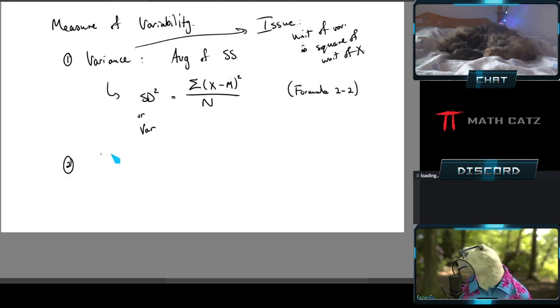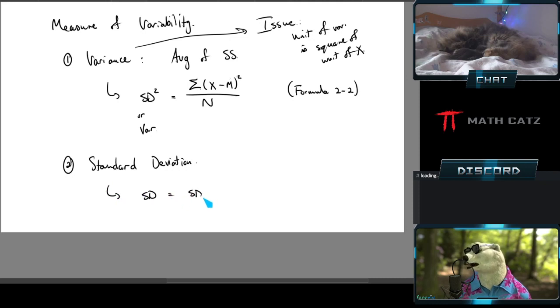So the variance has unit, whatever the original score unit is, squared, because I squared over here. So what we're going to do is take the variance and simply square root that, and then we'll have the same unit, and we'll call that the standard deviation, SD.